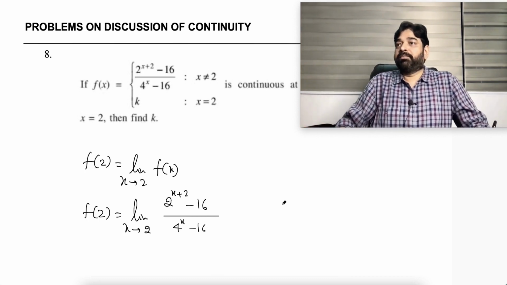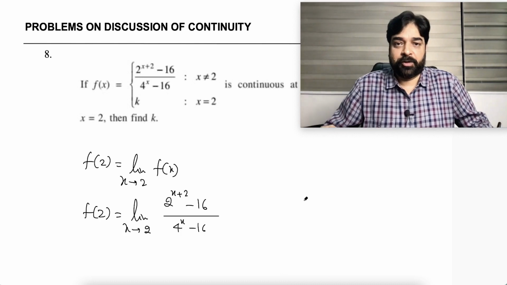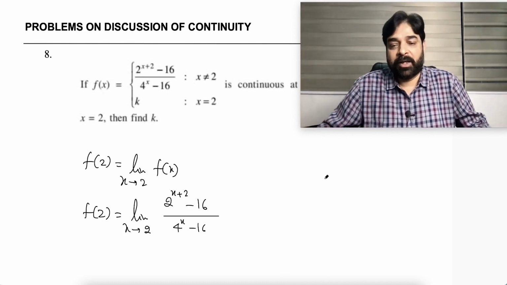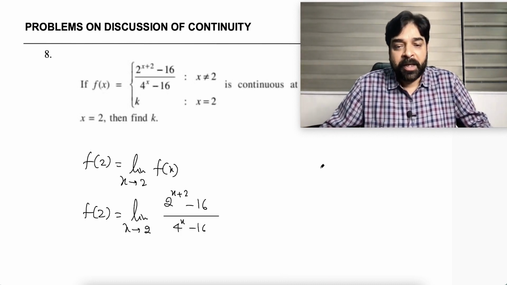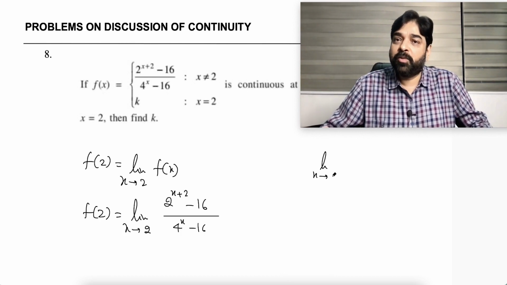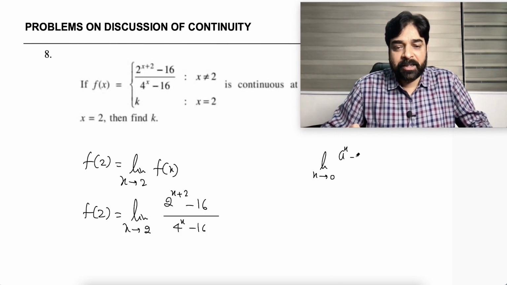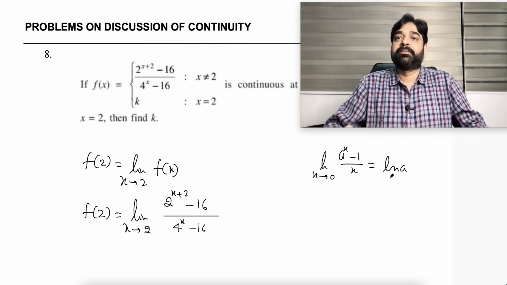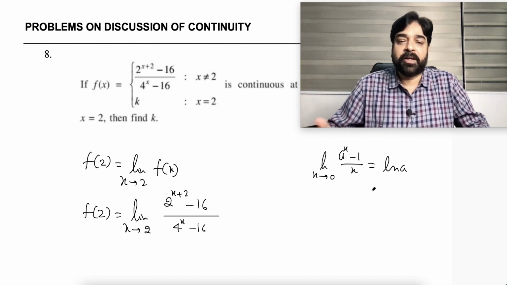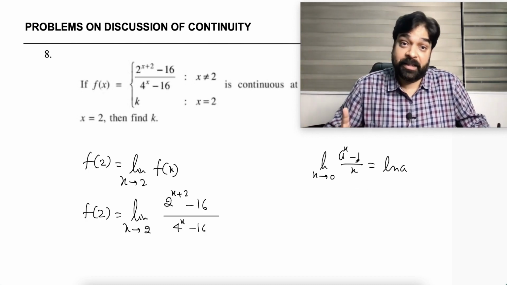Now what logic should we apply? We can apply one simple logic. What logic? Limit x approaches 0 of (a power x minus 1) by x equal to ln a. Yes or no? That is equal to ln a, but only when x approaches 0.